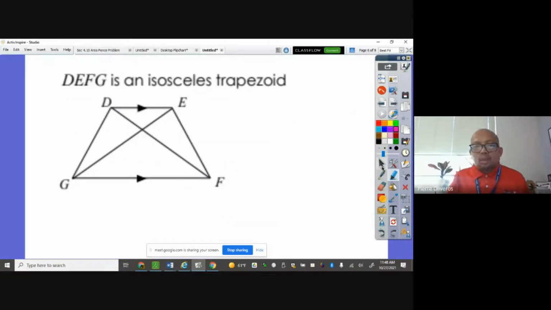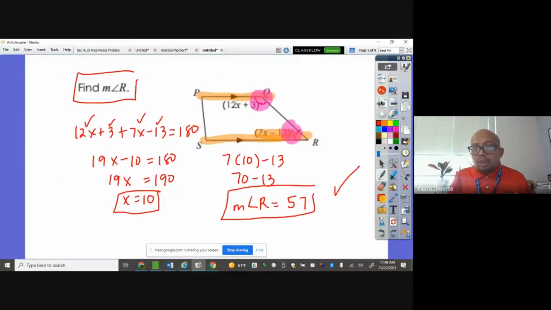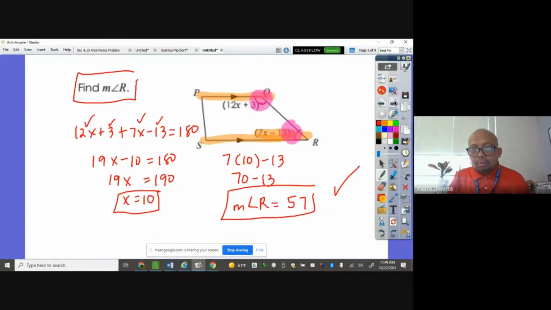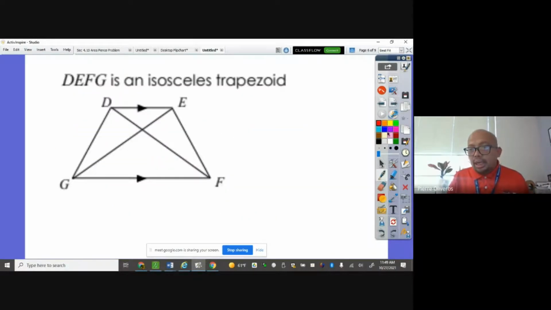So let's go back to isosceles trapezoid. Again, in an isosceles trapezoid, the non-parallel sides or the legs have to be congruent. The diagonals are congruent. Base angles are congruent, and opposite angles are supplementary. So in this case here, it is defined that DEFG is an isosceles trapezoid.